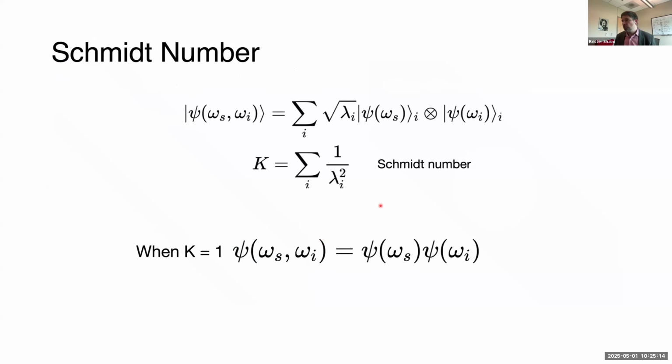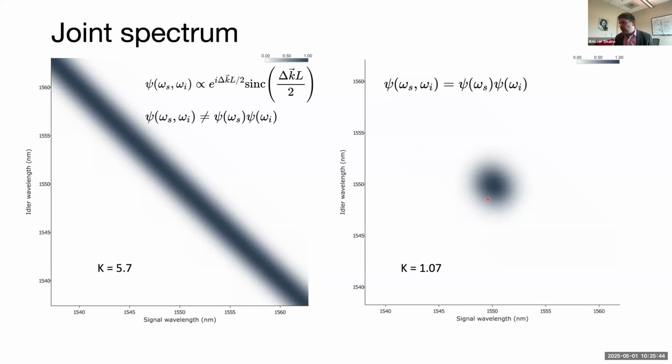It means you can take a function that represents the signal and a function that represents the idler, multiply those together, and represent the entire spectrum. Therefore it's separable. You can decompose it into just two functions multiplied together, one for the signal, one for the idler. So this is an example of a source that's pretty good. It has very little entangled contribution.